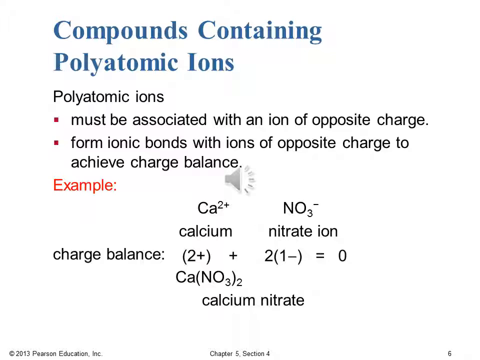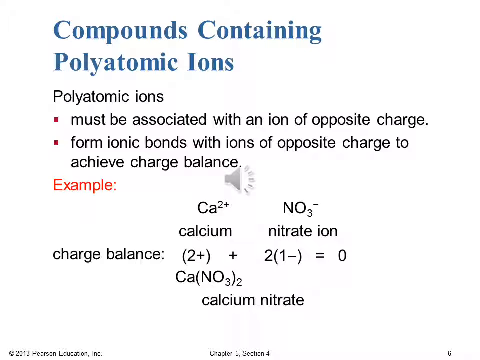So that would have to be associated with either another polyatomic that's negatively charged or some monatomic negatively charged species like chloride or bromide, for instance. If we've got a negatively charged polyatomic, those other ones, we'd have to have either ammonium ion or a metal ion associated with it. So we form ionic bonds by having those opposite charges pair up in such a way that we get a net neutral charge.